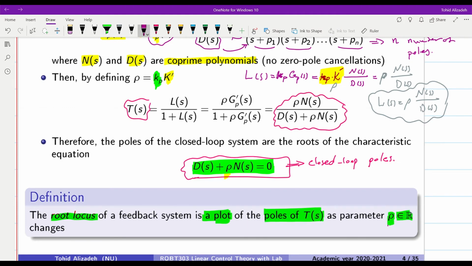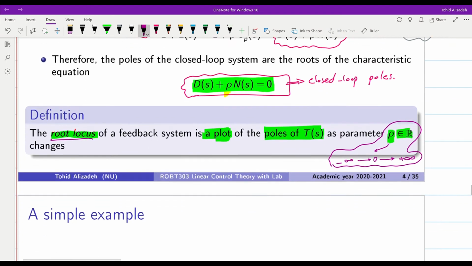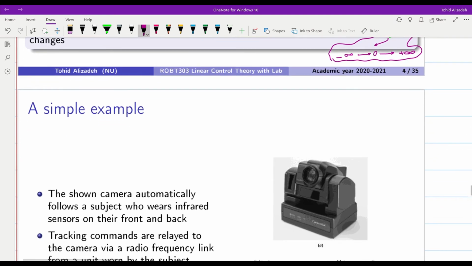So rho will go from minus infinity to 0 and then to plus infinity. It will change over all the real numbers. And then we will draw the location of the closed loop poles of the system, and this will give us the root locus. We will see later how useful this root locus will be in terms of designing a controller.